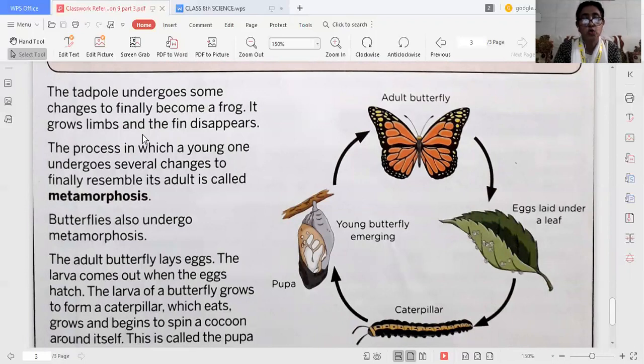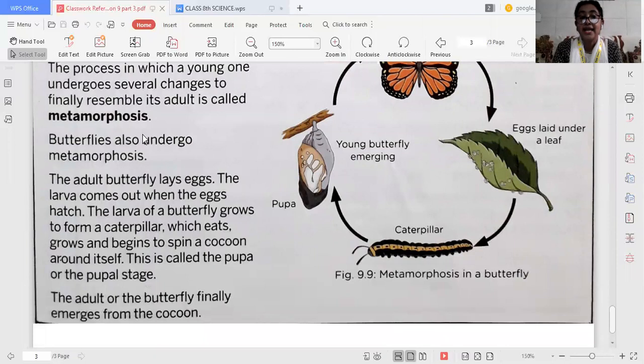Butterflies also undergo the metamorphosis process. How? An adult butterfly lays eggs. These eggs change into caterpillars, then the caterpillar into a pupa, and the pupa into an adult butterfly.